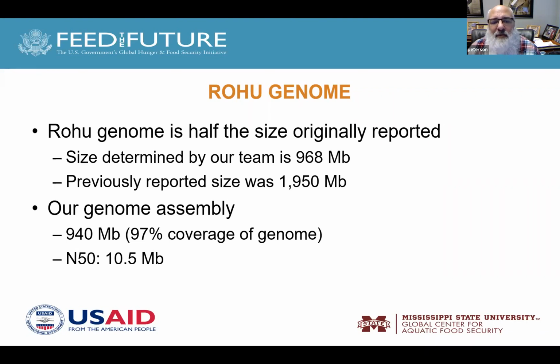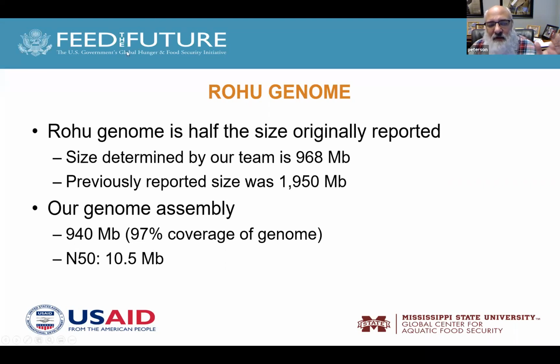We assembled a version of the genome based upon our sequencing techniques, and what we got was about 940 million base pairs that assembled into what looks like a genome. That's roughly 90% coverage of the genome as we determined the size, which agrees perfectly with the size determination. There's also a value called N50.